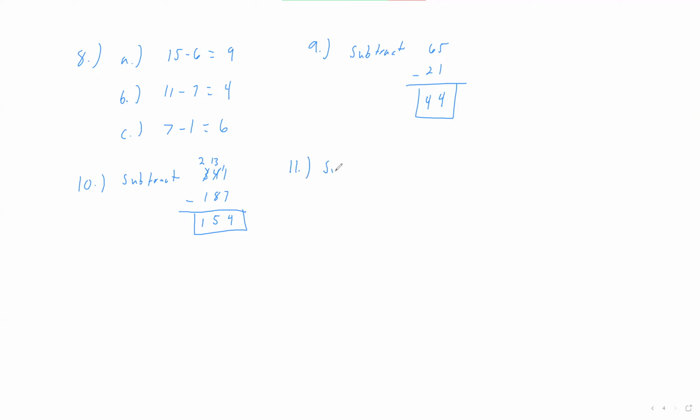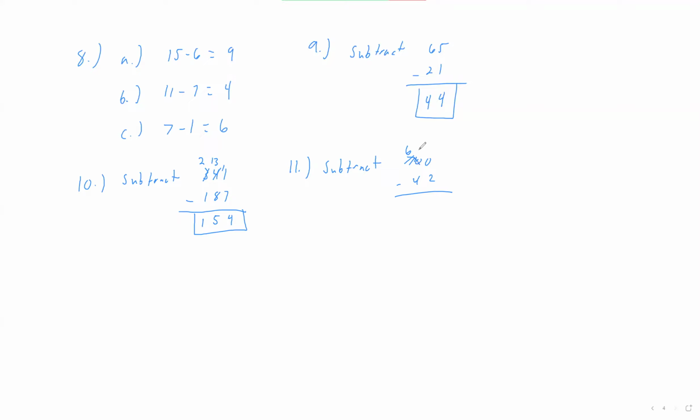So let's subtract 700 minus 42. So I can't do 0 minus 2, so I would borrow, but I can't borrow from nothing, so I have to borrow from the next one. So this 7 will become a 6, carry over the 1, but I still have to borrow over here. So this 10, I'm going to borrow as well.